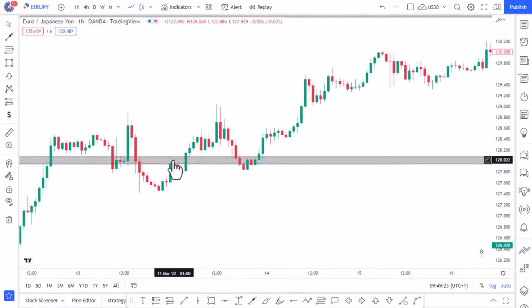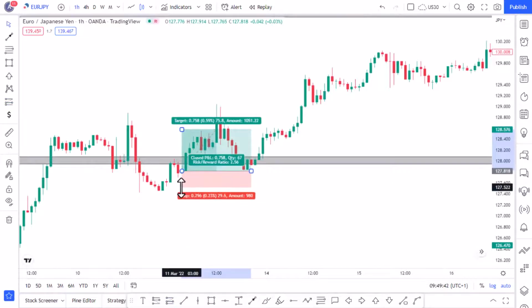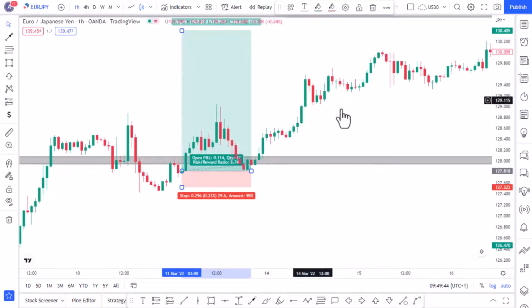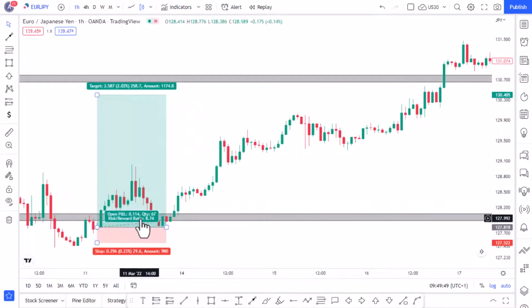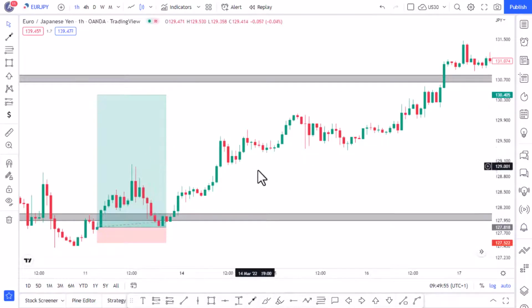It came back to our zone and rejected, and by rejecting it, it forms a bullish harami. So bullish engulfing plus bullish harami is a clear trade opportunity which you can take by risking nothing more than 30 pips. Just relax and see how the trade plays for you. If you are risking 30 pips, make sure your take profit is 2 times what you are risking, or at most 3 times.